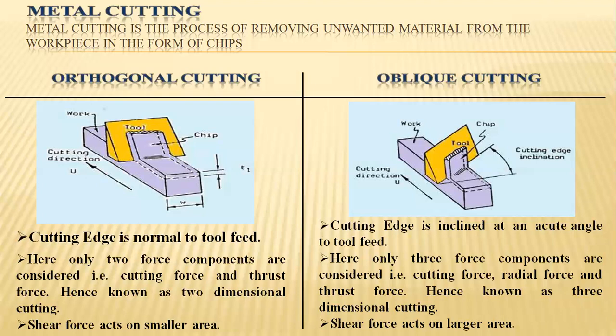Due to the inducement of stresses, acting only at this particular zone, shearing is considered to deform the original shape and acquire the required dimensions over the machining process. But in the case of oblique cutting, shear force acts on a large area because of the inclination of the tool towards the work part and its maintenance at an acute angle.